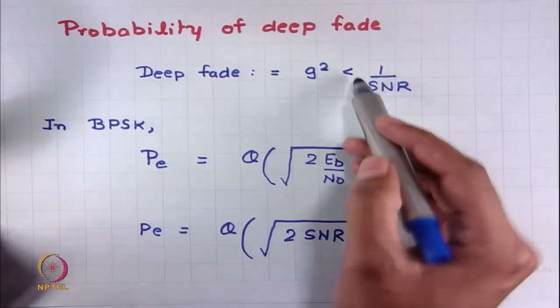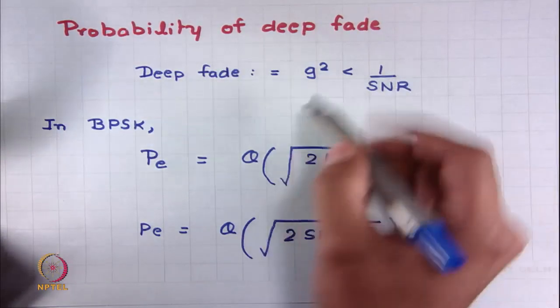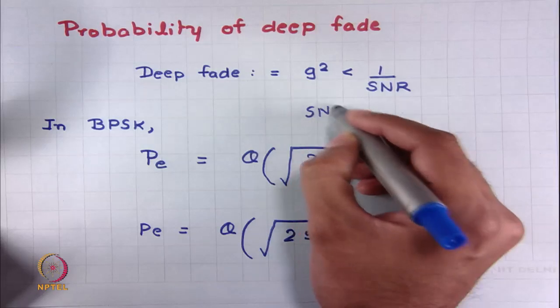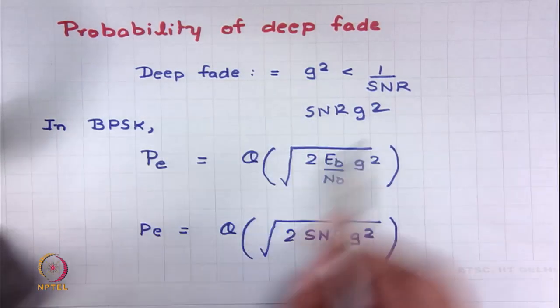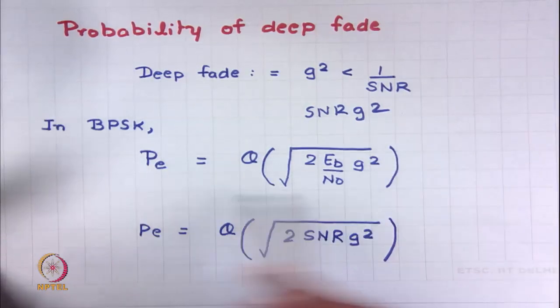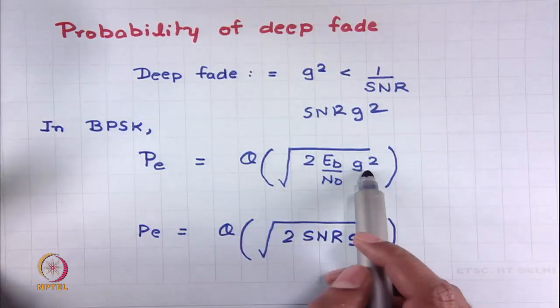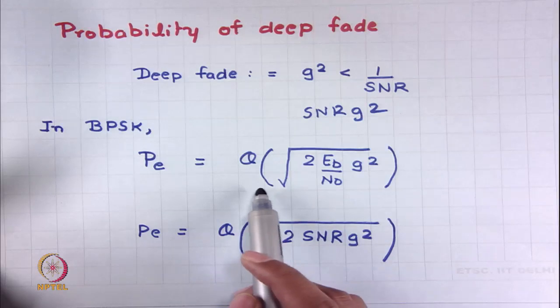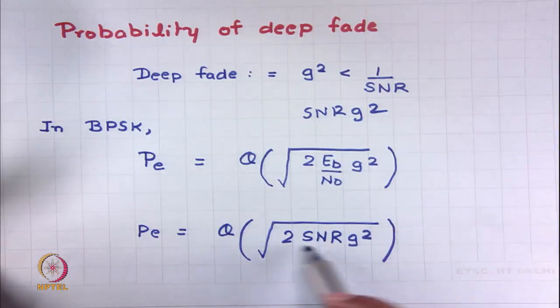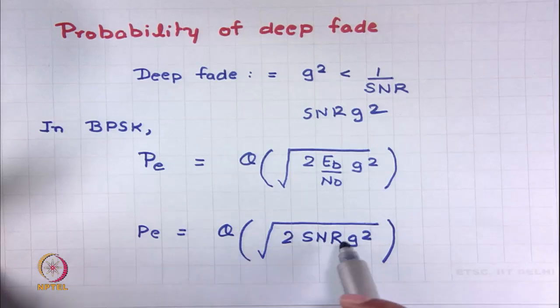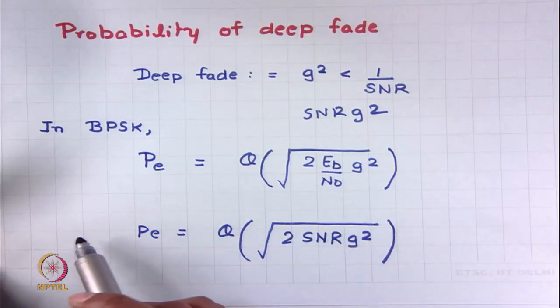So, deep fade is the condition when g square is less than 1 by SNR. Remember, we have seen that in BPSK systems, for example, we had a probability of error for a given g like this, right. Now, in BPSK abno is also SNR. So, I can also write this probability of error in terms of SNR like this.